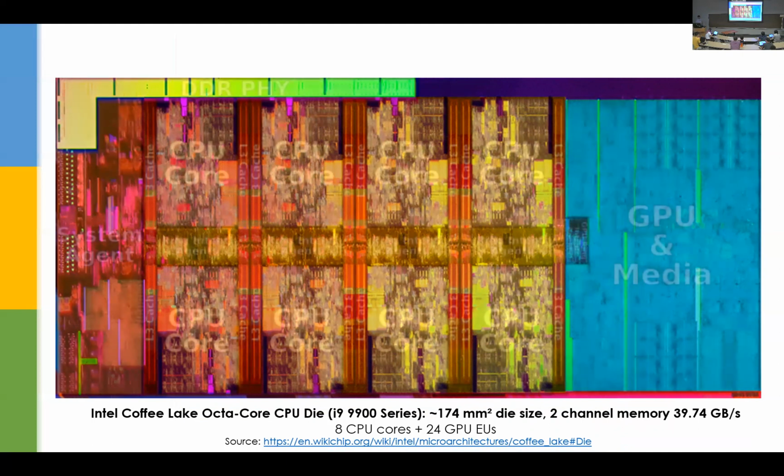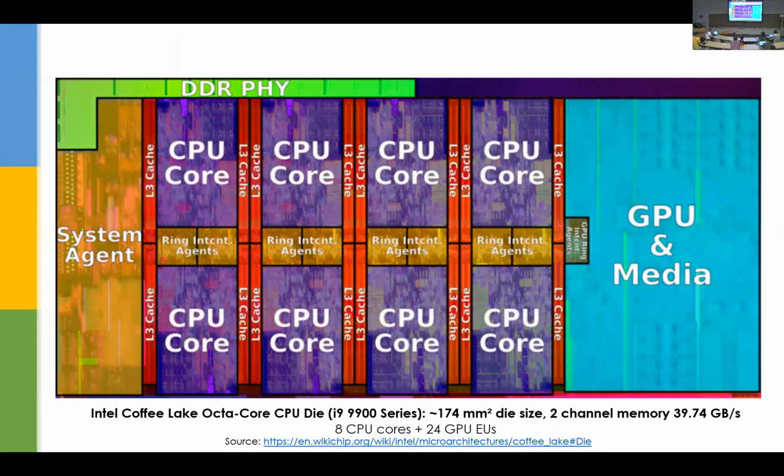Let's look at how this was divided up. So look at how Intel changed the architecture from having this big L3 cache in the middle to having more space for cores, a lot more for the GPU, and then divided up the L3 into multiple bits, and then added these ring, sort of circular agents between them.